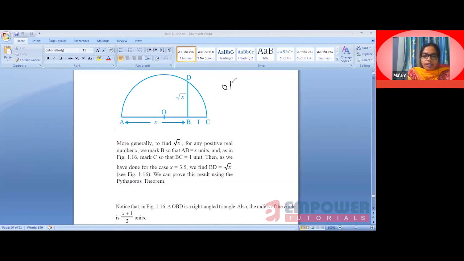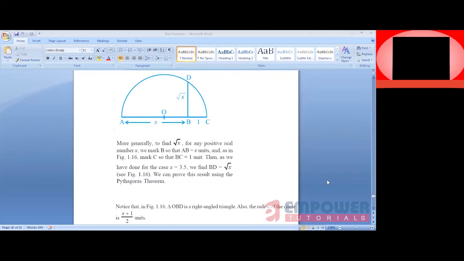Am I right? So if I am considering this circle, OA should be equal to OC, should be equal to OD, because if I join this, OD will also be a radius of the circle. Am I right, everyone? So this will be equal to OA and OC.